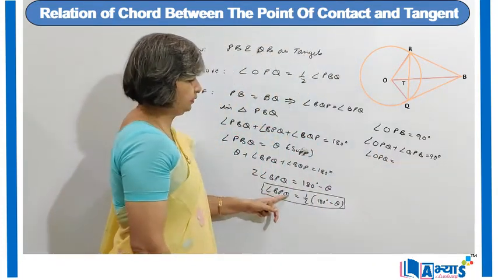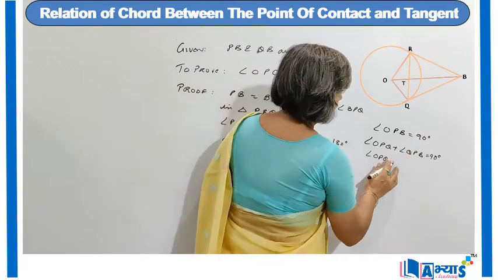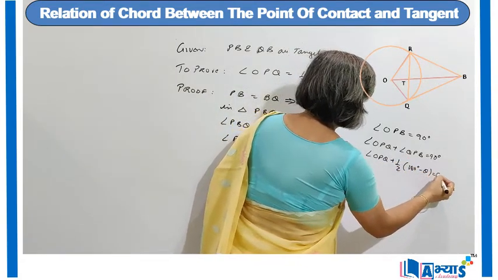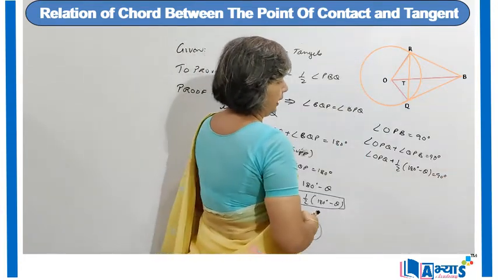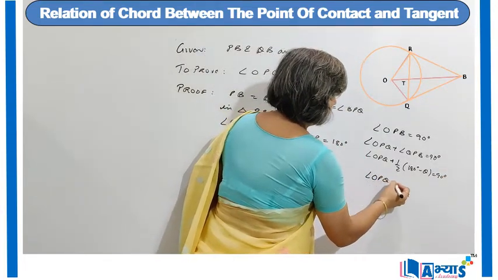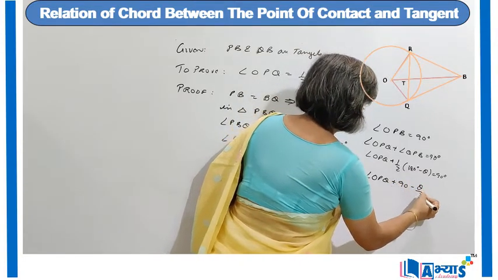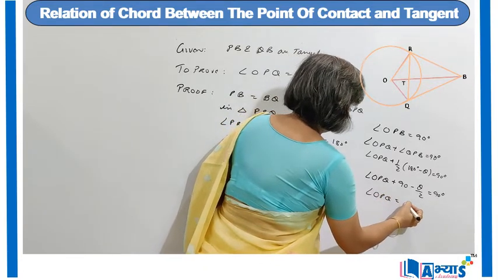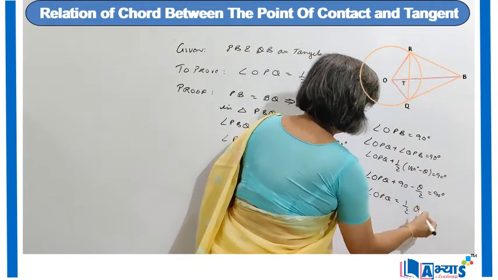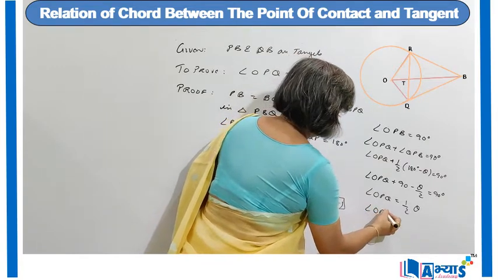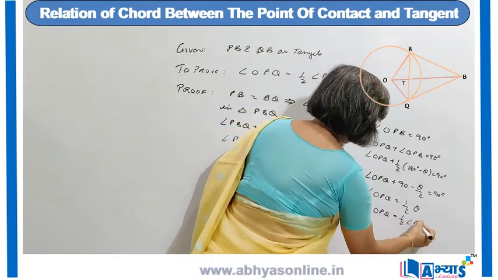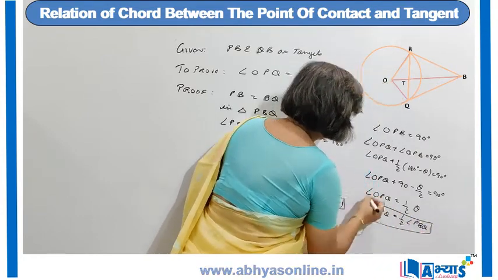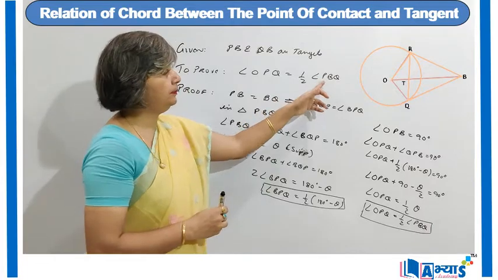Now we know that BPQ is half of 180 degrees minus theta. So angle OPQ plus (90 minus theta)/2 is equal to 90 degrees. So angle OPQ is equal to half of theta, or we can say that angle OPQ is half of angle PBQ. So this is what we were supposed to prove.